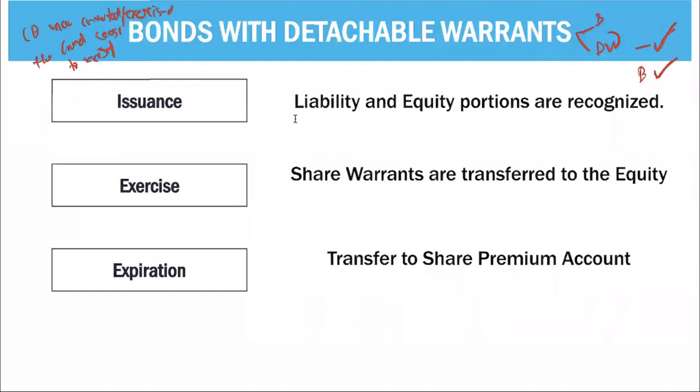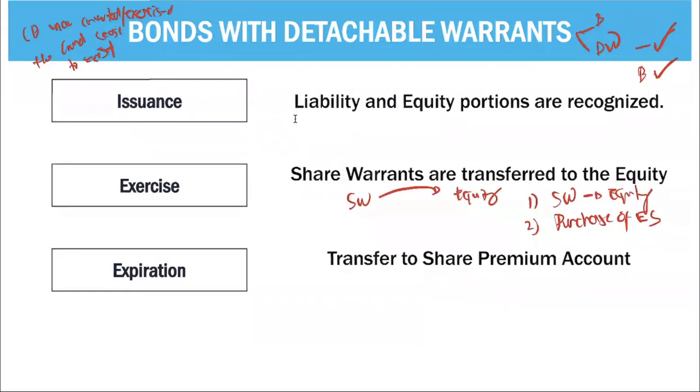Okay? So, upon issuance, your liability and equity portions are recognized. Upon exercise, the share warrants are transferred to equity. So upon exercise, you have two items to recognize. First, the transfer of share warrants to equity, and next is the purchase of your equity shares. Why, sir? The share warrants entitle you to purchase equity.